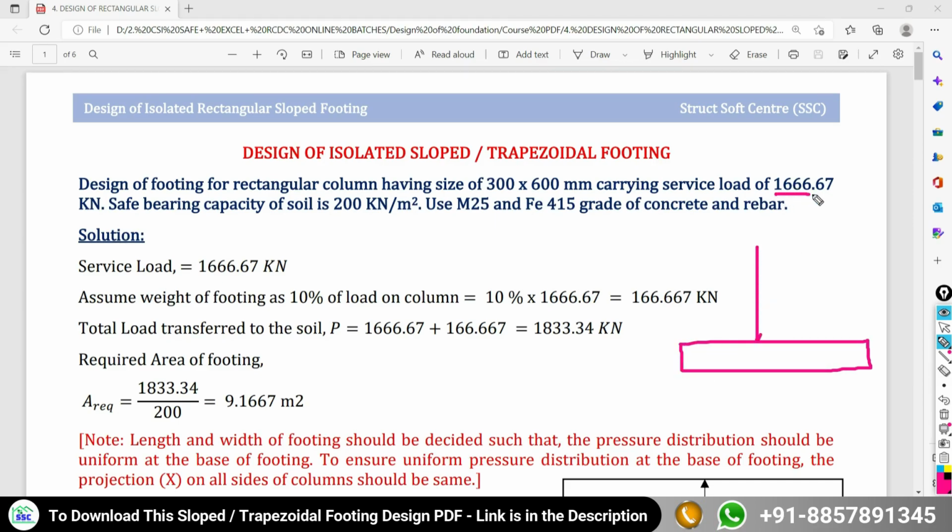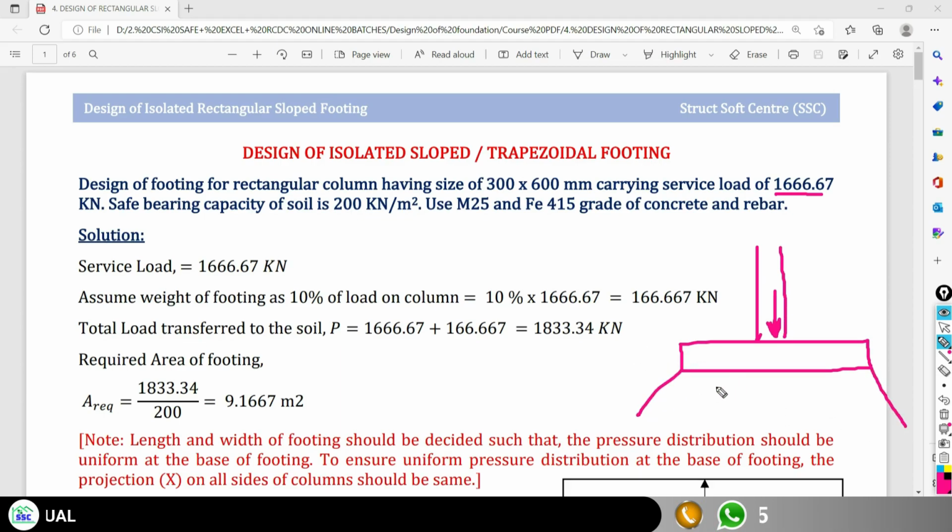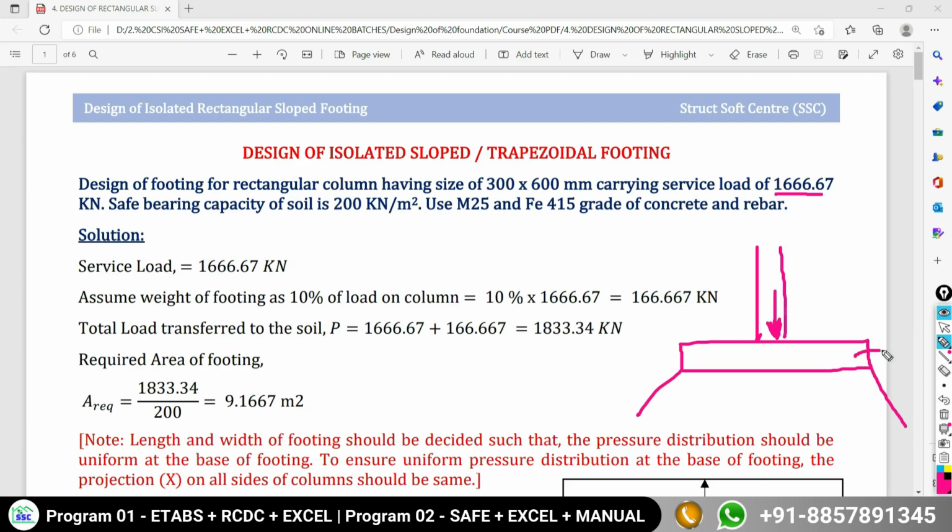This 1666.67 kilonewton is coming from your column, and this column load is not the only thing going to be transferred to the subsoil over which your foundation rests. There is an addition of the self weight of the foundation also. This column load is going to be transferred plus the self weight of the foundation is also going to be transferred to the subsoil.